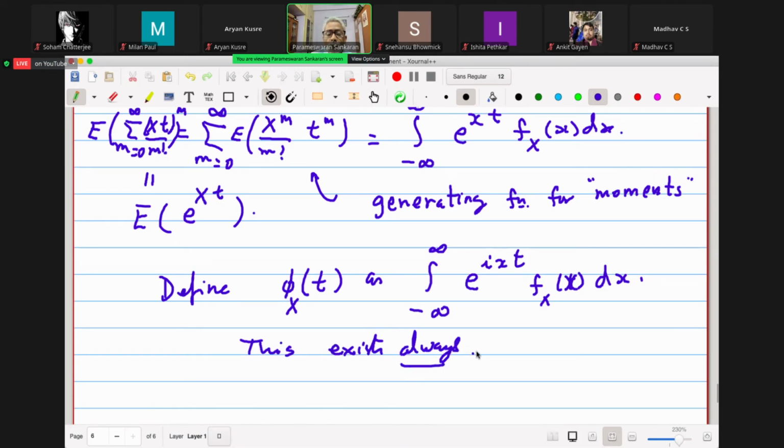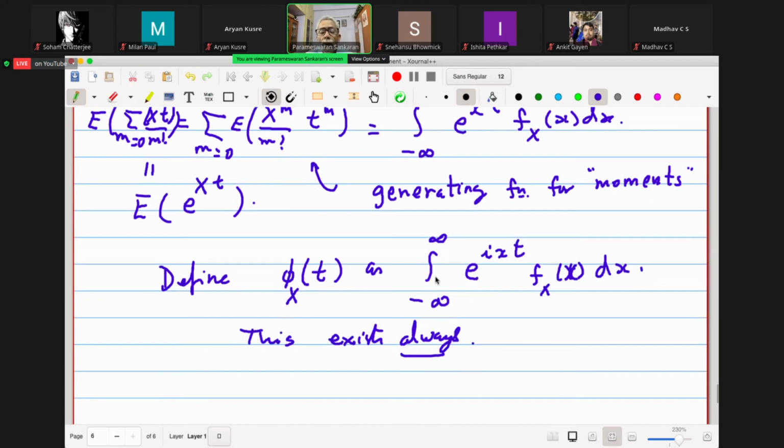Why so? Because you take the absolute value of the integral, that is dominated by the absolute value of the integrand. Anyway, this is a density function, so a non-negative valued function.